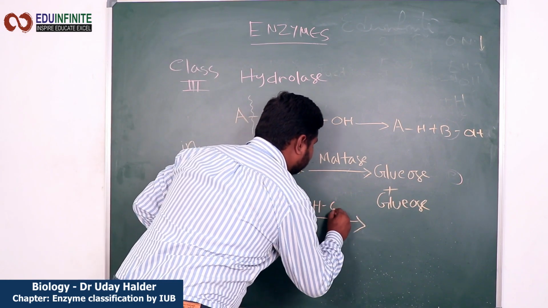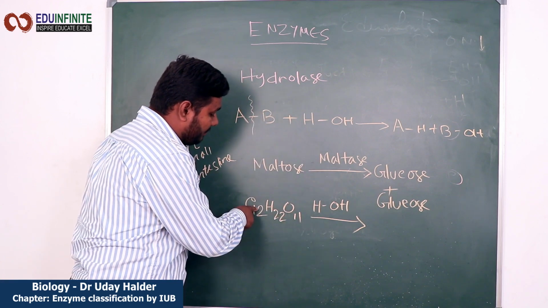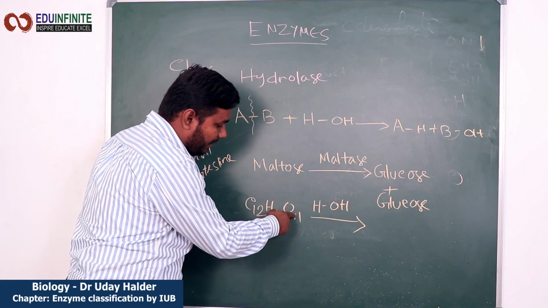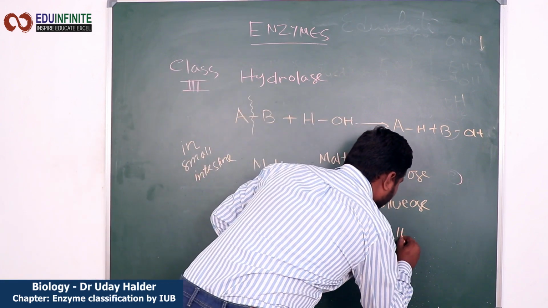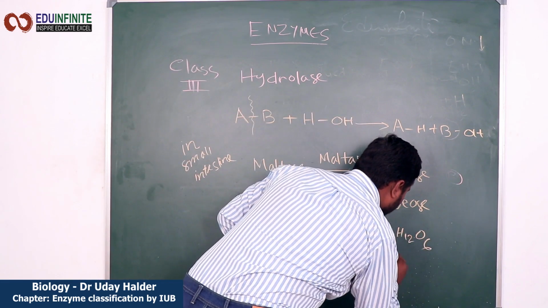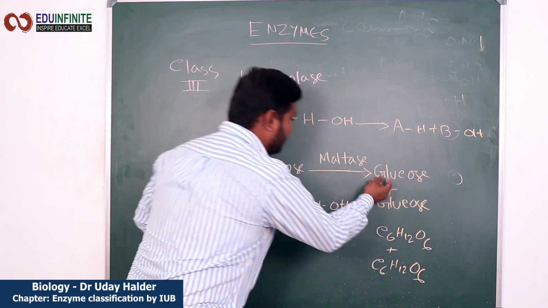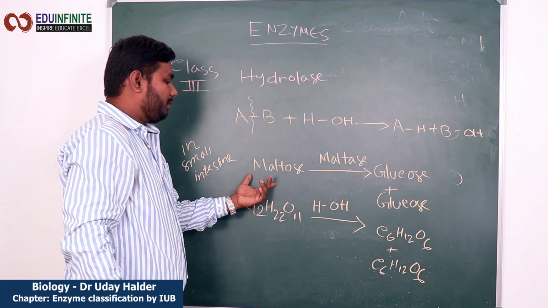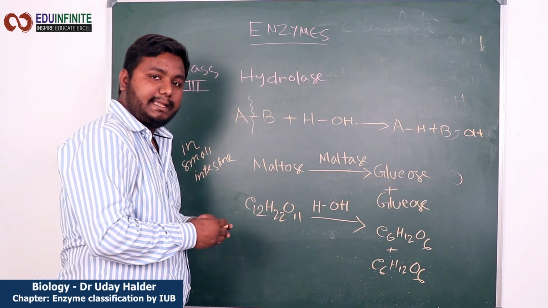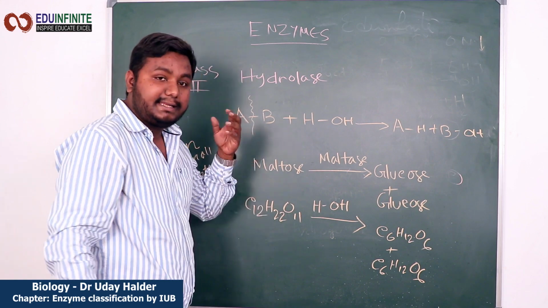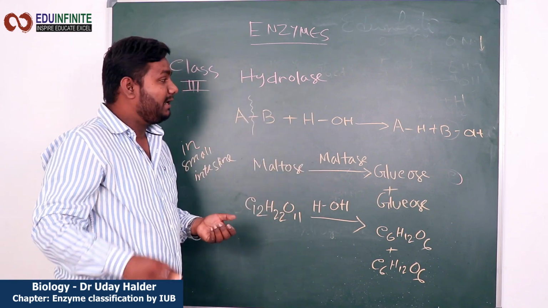Add some water, C12H24O12, and break it into 2. Same thing, right? So maltose is broken down into 2 glucose by the action of which enzyme? Maltase in the small intestine. And it is a hydrolytic process. So maltase is a hydrolase type of enzyme.